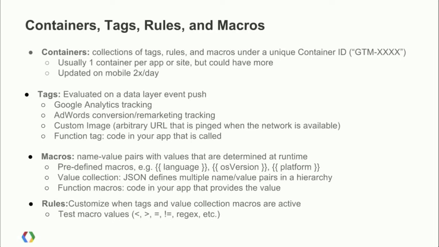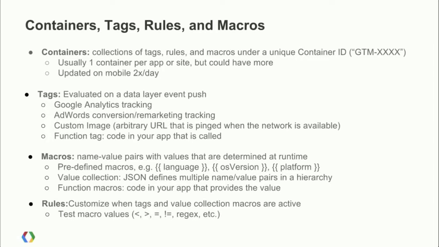Tags, as I mentioned, are evaluated when you push an event to the data layer. That's the only time tags ever fire, is when events are pushed to the data layer. And they're only fired when you've got a rule that associates a particular tag with a particular event. Examples of tags include Google Analytics tracking. What does this mean?